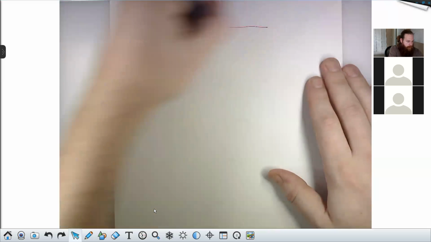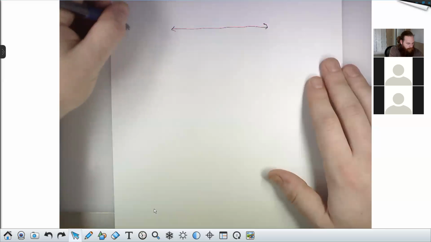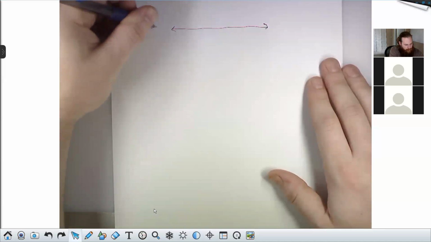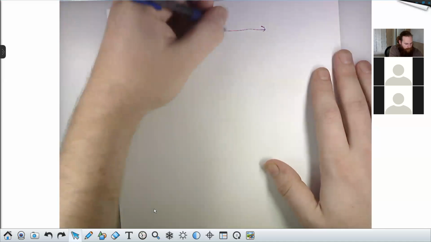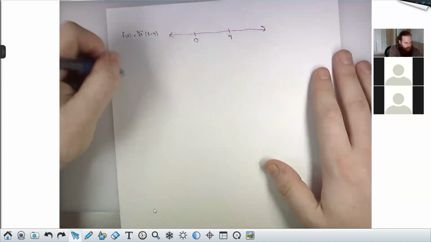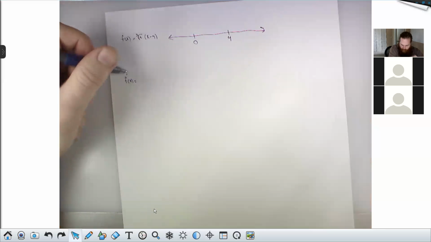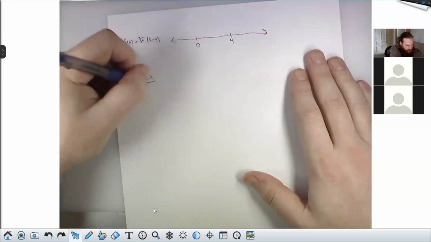Number line for f has 0 and 4. Number line for f primed, which was 4x minus 1 over 3x to the 2/3.